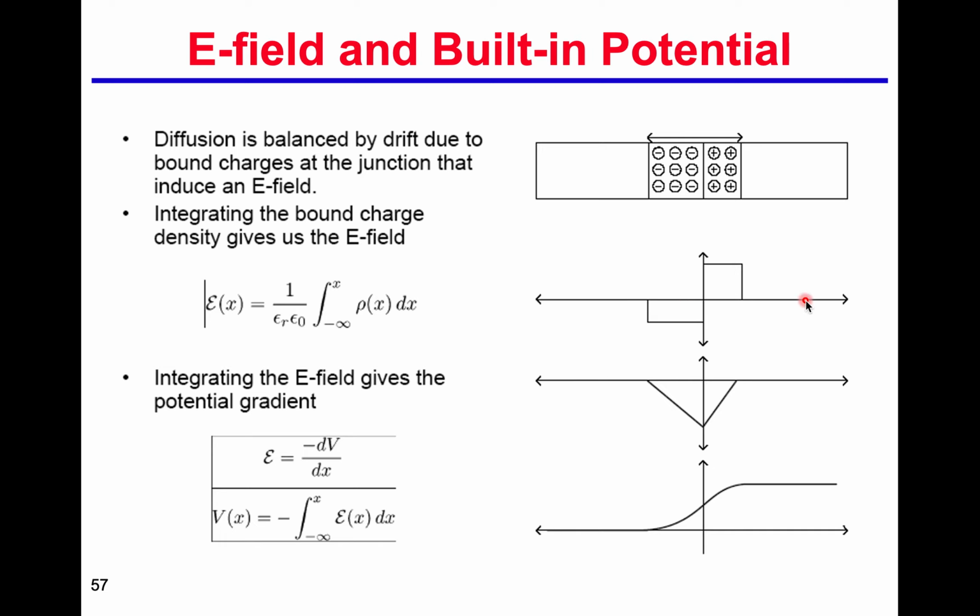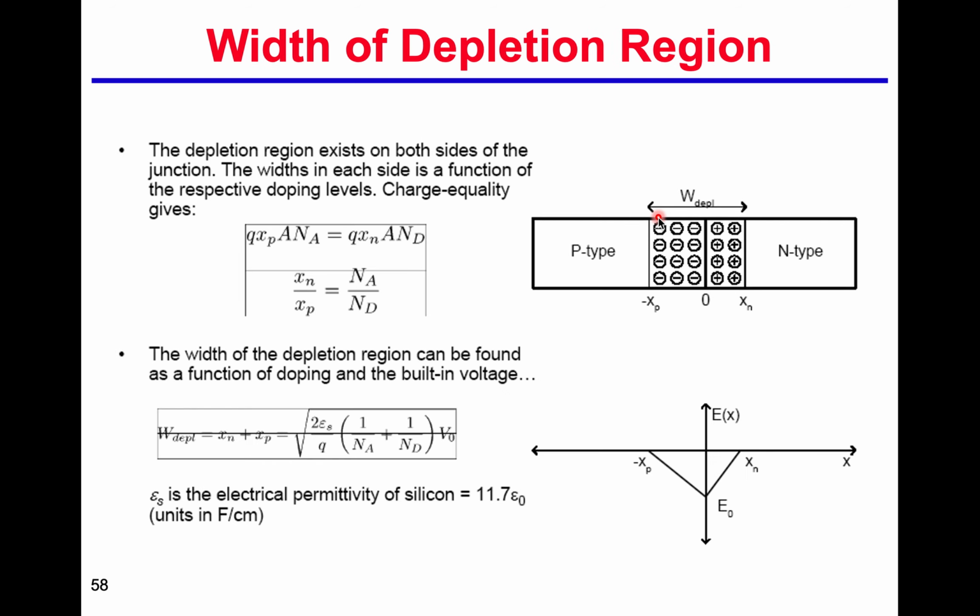So the x-axis is the space. The y-axis in this equation is rho(x) here, and that will result in the electric field like that. If you integrate the electric field, that will become the voltage. So it's a voltage like that. So we can obtain the built-in potential.